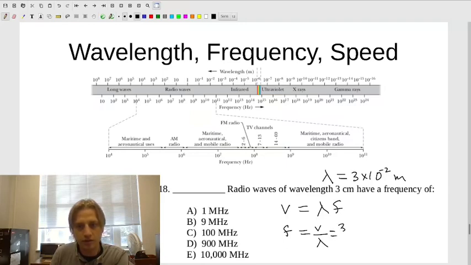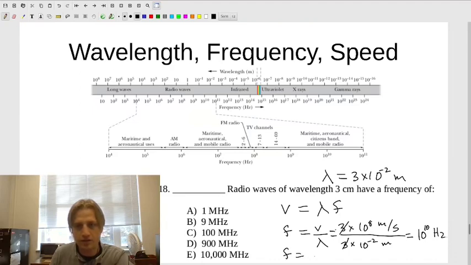The speed of light is around 3 times 10 to the 8th meters per second, divided by 3 times 10 to the minus 2 meters. And so our 3's would cancel. This would be 10 to the 10th hertz.